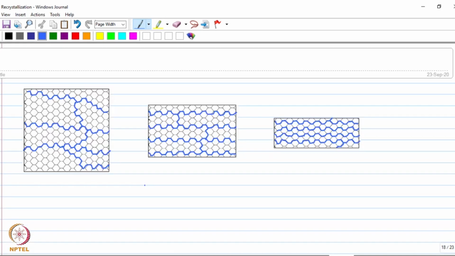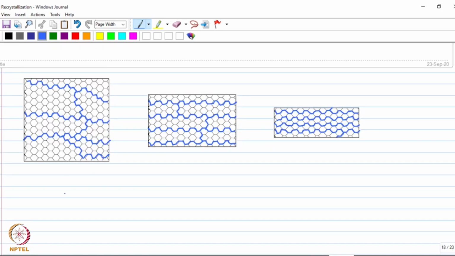So the process, if you see as to how the grains change their shape and how they will encounter with the serrations formed at the grain boundaries, that you can see from this particular diagram over here. So here, this is in the beginning, the formation of the serrations by the DRV process. And these are shown by a different color. The blue color that you see, right, those are the serrations.